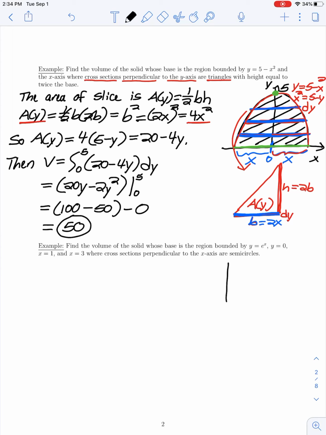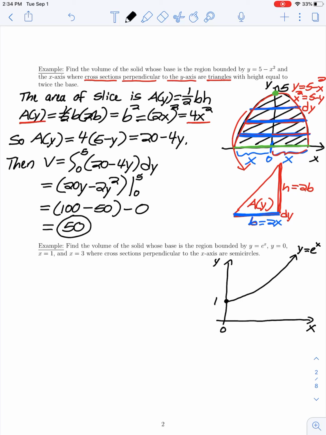So here we're told that the base of our solid is the region bounded by the graph of y equals e to the x. So e to the x has a y-intercept of 1, e to the 0 is 1, and then it looks like this exponential growth function as x increases.